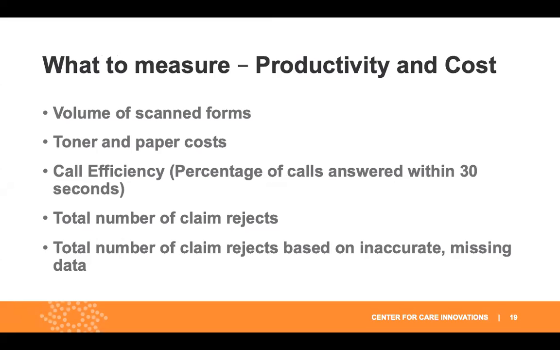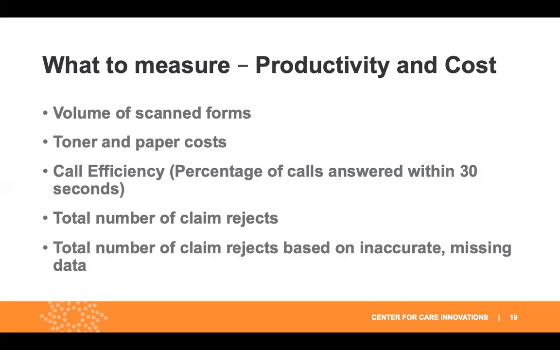And if you're capturing the history on paper and you're keeping it instead of abstracting it, then there are costs associated with that. We also wanted to see if there was any kind of call efficiency gained by the front office worker not having to enter as much data or deal with the patients as much.